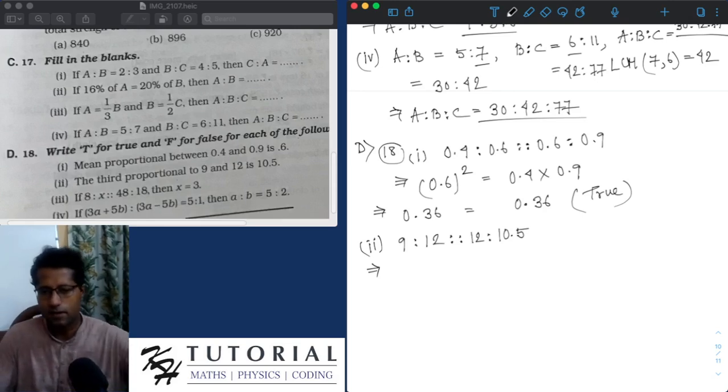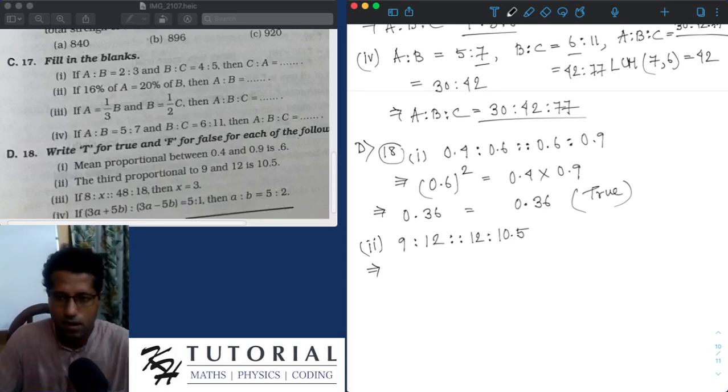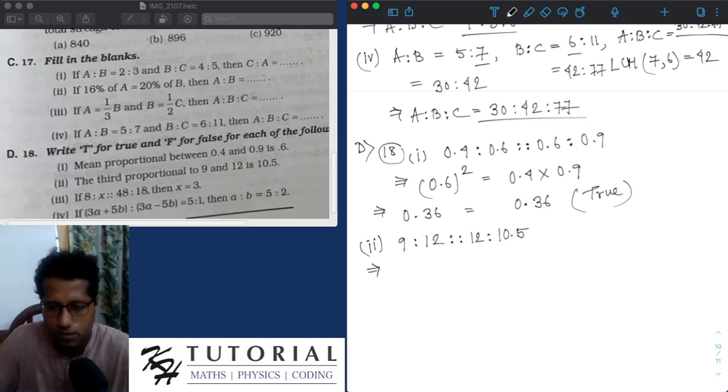So this means that 9, 12 and 10.5 are in continued proportion. This implies that b square equals ac, which means 12 square equals 9 into 10.5.